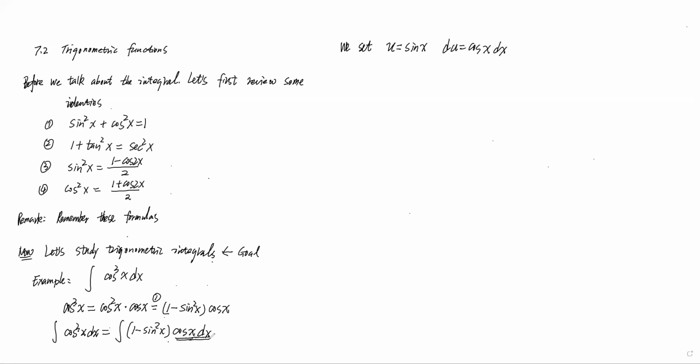And then by u substitution, we have 1 minus sine squared x times cosine x dx. Regard this term as a whole. So we have 1 minus u squared du, right?